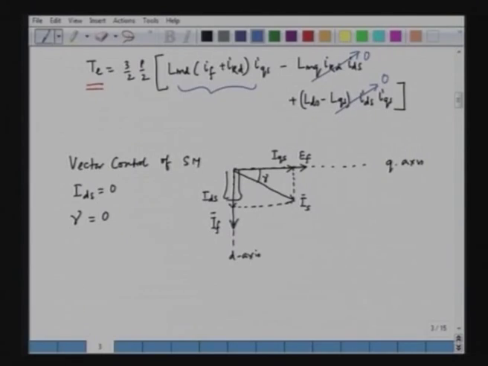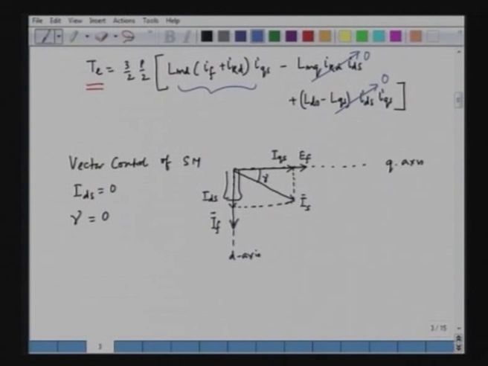Furthermore, if we keep IF constant, we do not change IF. If we keep IF constant and IDS is also equal to 0, there is no flux change in the d axis. IDS is non-existing and the field current is kept constant. Since we do not have any flux change in the d axis, the damper winding currents in the d axis will be 0.